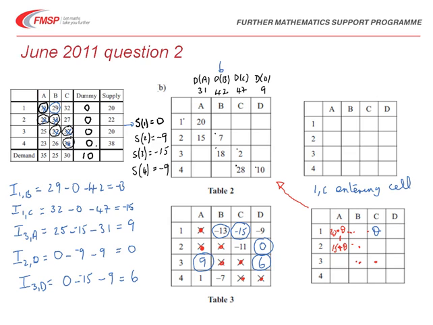But that means that the element in 2B, which is 7, is going to have theta subtracted from it, because the total supply and demands are going to have to be the same. So then moving down, we're going to have to add theta to the 18, which is in that cell, and finally subtract theta from this one, which has got 2 in it.